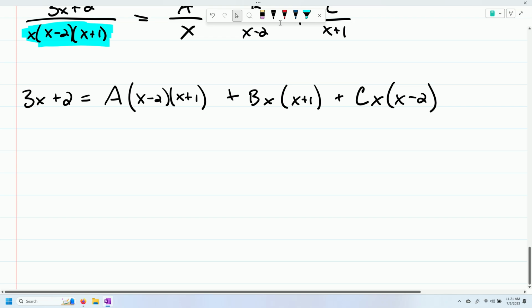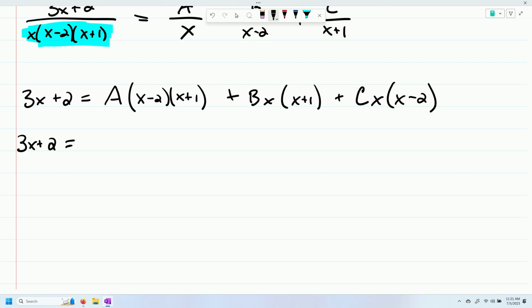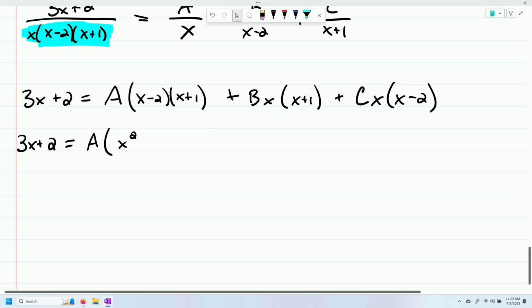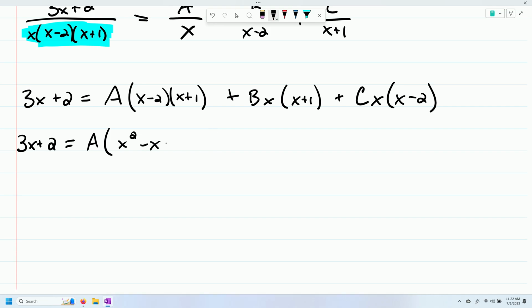So on the left-hand side, we still get the 3x plus 2. On the right-hand side, we get a times x squared plus x minus 2x minus 2. And before I move on, I'm going to simplify this. Positive 1x minus 2x is minus x minus 2. So there's the first simplification. Plus, the next one's easy. It's going to be bx squared plus bx.